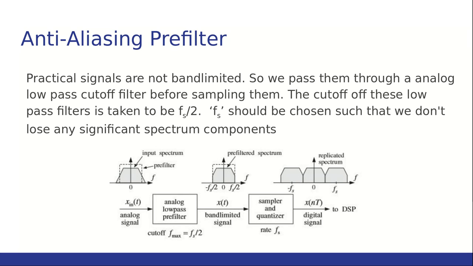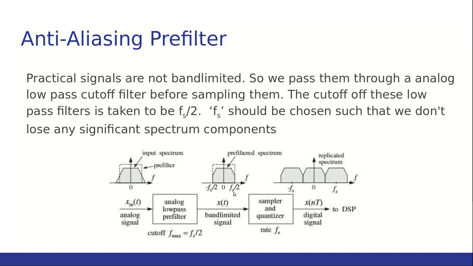The cutoff of these low pass filters is taken to be fs by 2, and one has to be careful in choosing fs so that they don't lose any significant spectrum components. Like here, we are losing only minor portions of the spectrum. That is the reason they are called anti-aliasing pre-filters, because they help meet the criterion of the sampling theorem and thus help in avoiding aliasing.